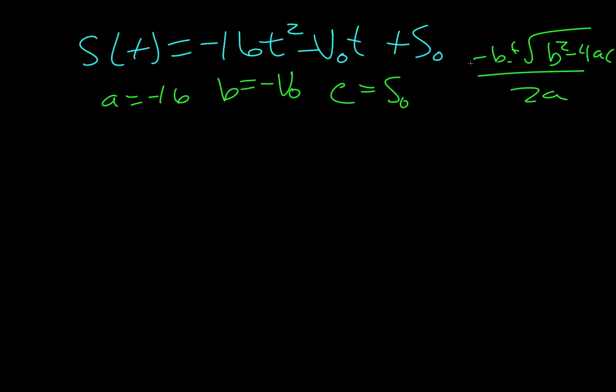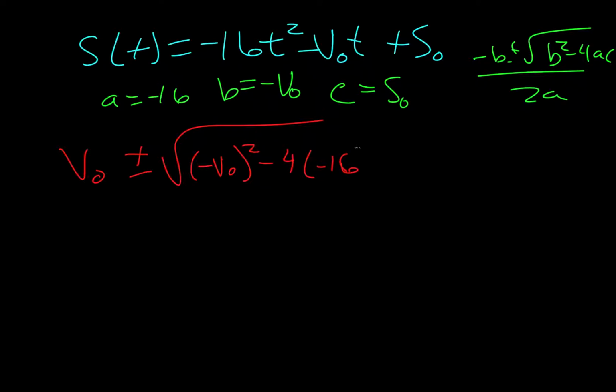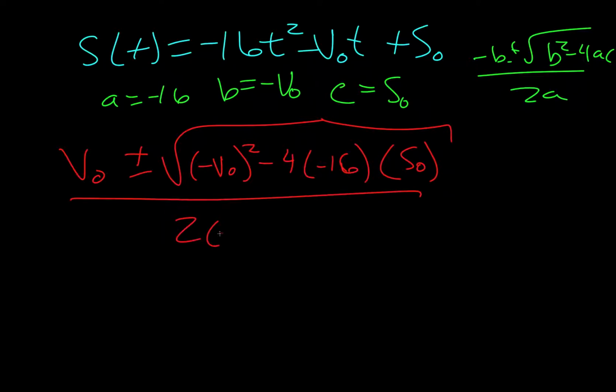So the opposite of b would just be v naught, no negative sign because we change it. And then we have negative v naught squared minus 4 times a, which is negative 16, and then times c, which is S naught. All of this is over 2 times negative 16. We simplify, we get negative 32. We're going to multiply these together.